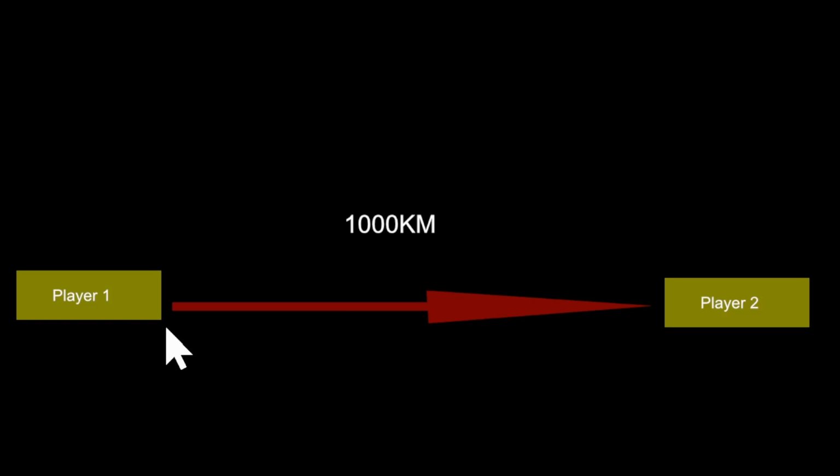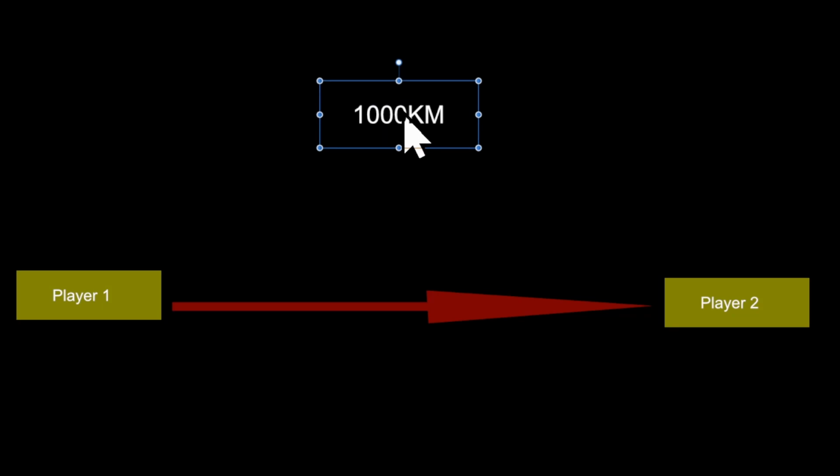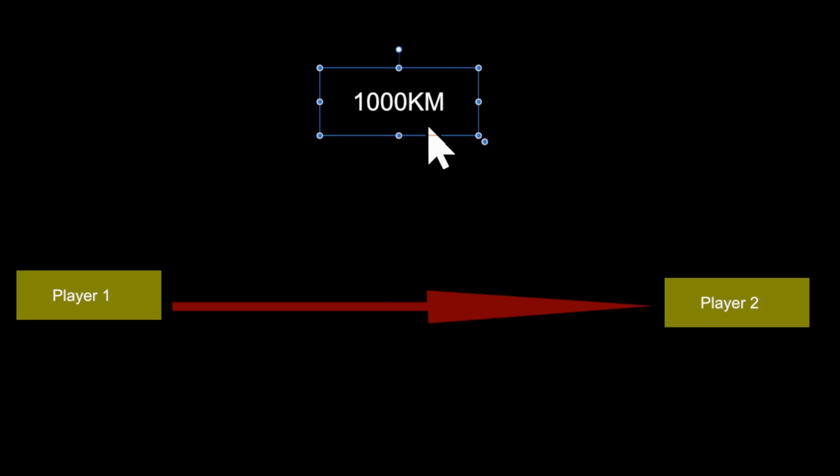Alright, so player 1 and player 2 are 1,000 kilometers apart. That's about 600 miles, right? So keep in mind, for the game to work smoothly, a signal has to travel from where player 1 is to where player 2 is. So we can let them connect to each other peer-to-peer.